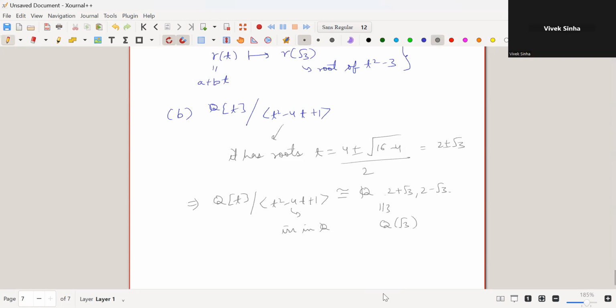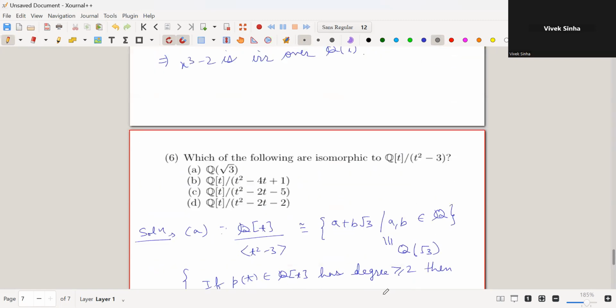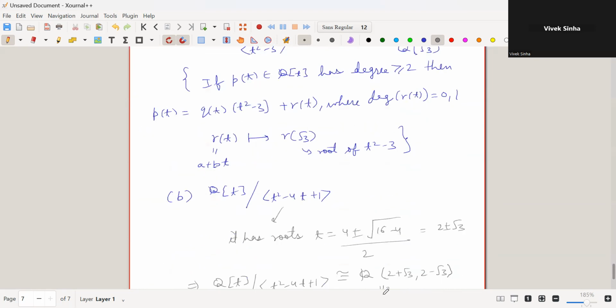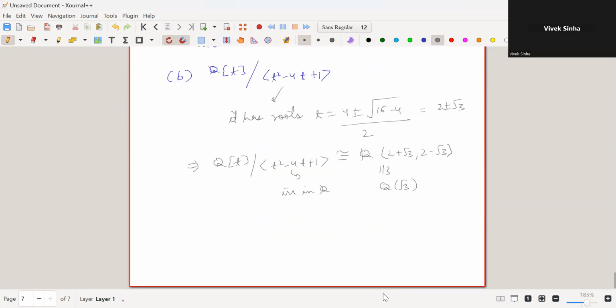What about the third one? Let me go back. So it says t square minus 2t minus 5. Oh, I am not using correct color. Just a second.